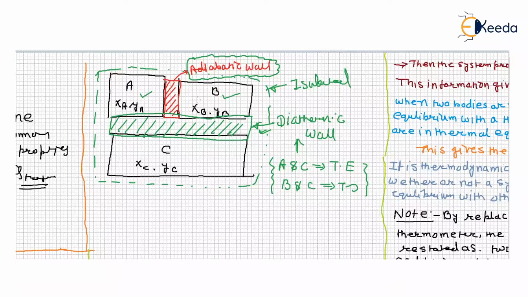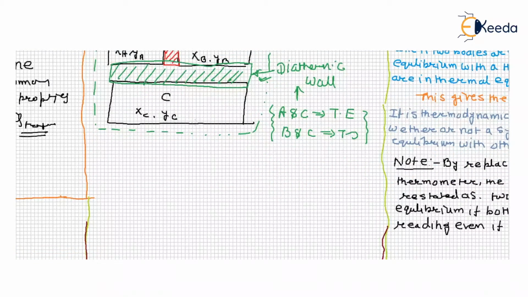That means here at this point you cannot surely say that system A is in thermal equilibrium with system B, because system A and system B are connected by an adiabatic wall. So for that, we try to analyze the third experiment.